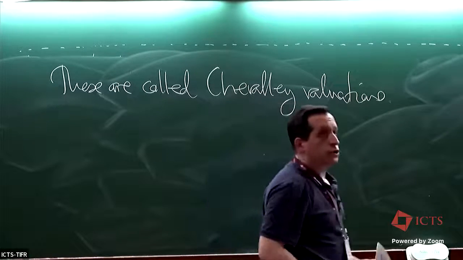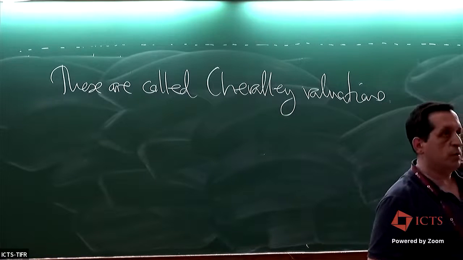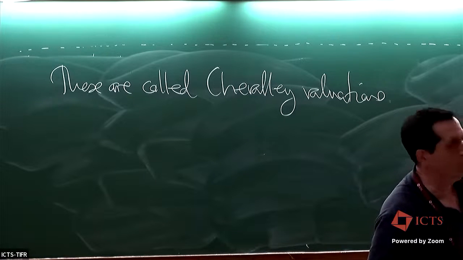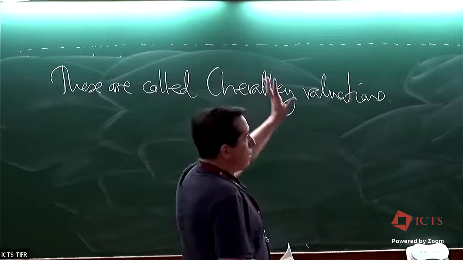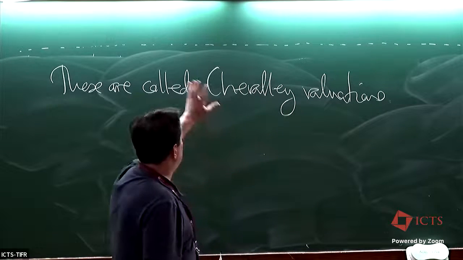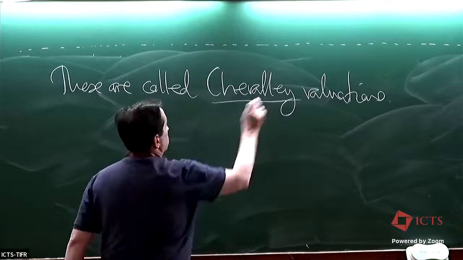So if you choose a pinning of your group, which is some appropriately sensible way to trivialize all the different root groups in a nice way that interacts well with commutators, then you get this class of valuations that we discussed last time. These are called Chevalley valuations.